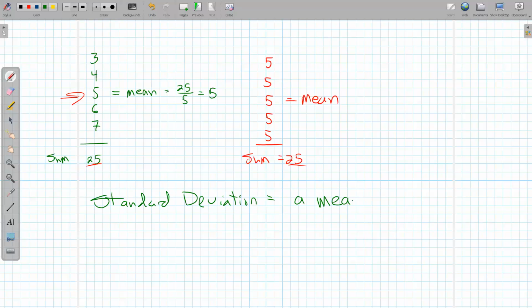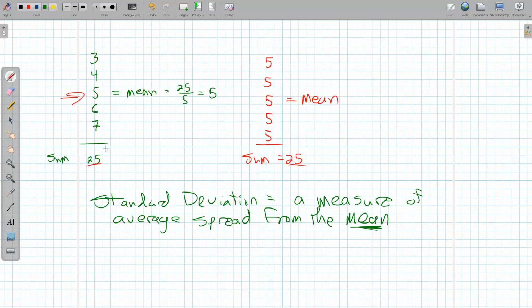There are other measures, but we only care about this one. Average. I use the word spread, but we could say distance from the mean.